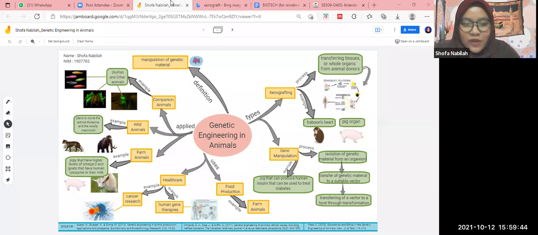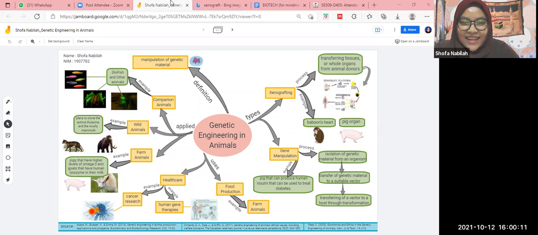Okay, so for the next question, about the difference between cloning animals and genetic engineering in animals, right? So cloning produces genetically exact copies of an organism. So the organism is like copy and paste.